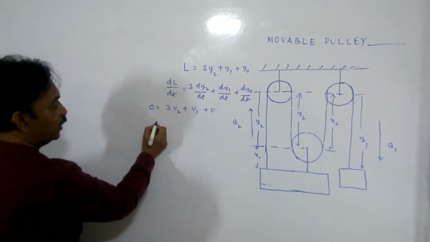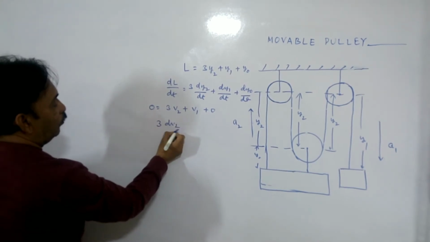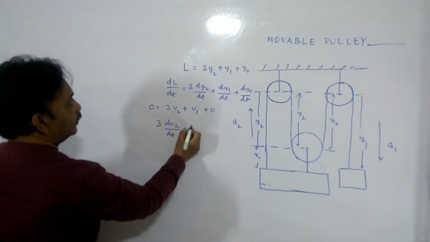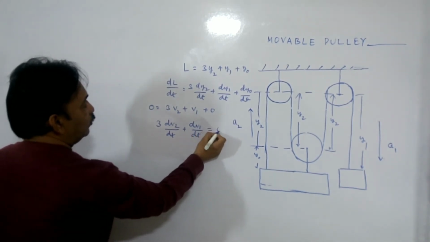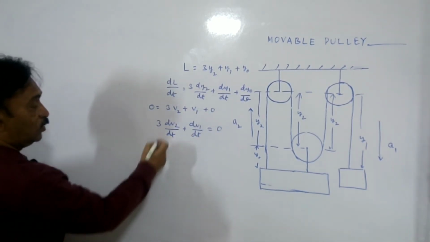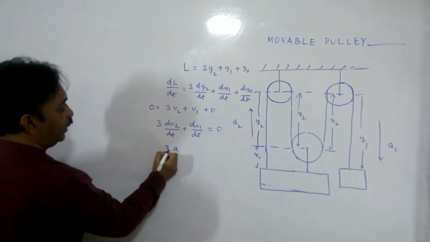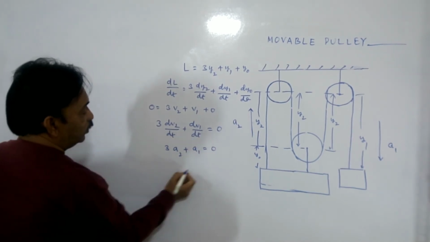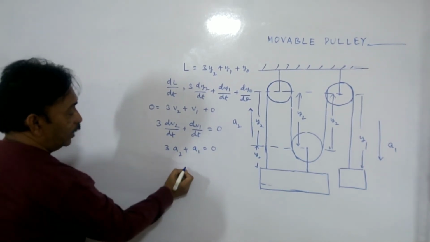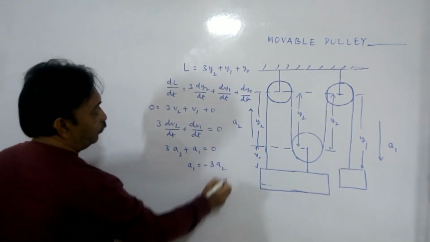Again differentiating with respect to time, we get 3 of dv2 by dt plus dv1 by dt is equal to 0. Okay, students, and it is the acceleration: 3a2 plus a1 is equal to 0, or you can write a1 is equal to minus 3a2.